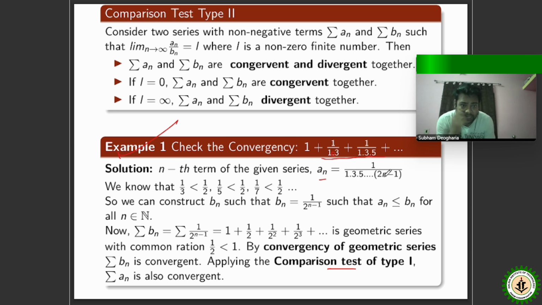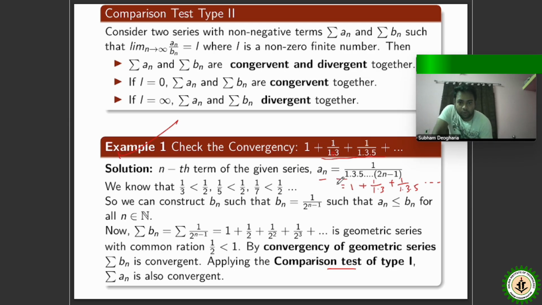Remember that this dot is multiplication. If we put n equal to 1, we get the first term; if we put n equal to 2, we get the second term, 1 into 3; if we put n equal to 3, we get the third term, and so on. So this is the nth term.